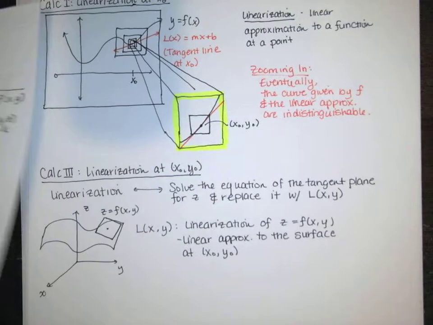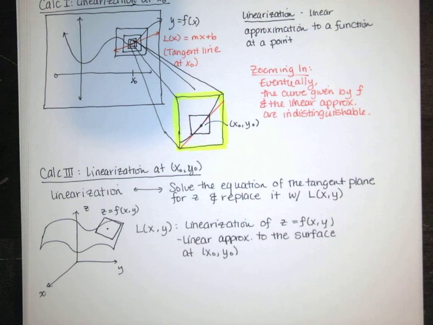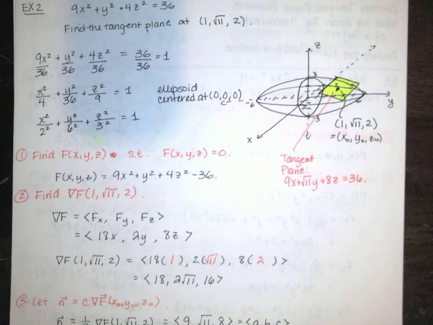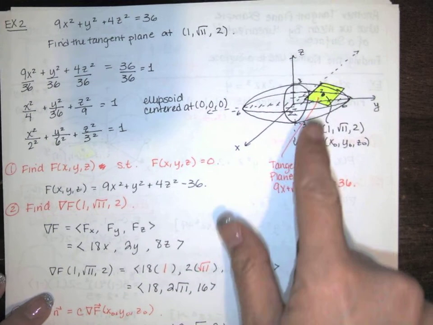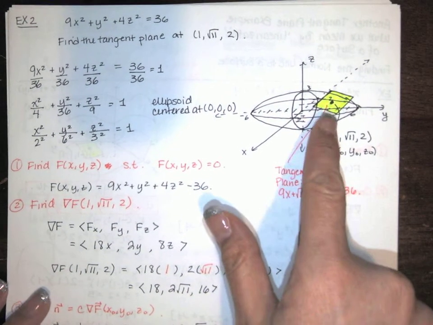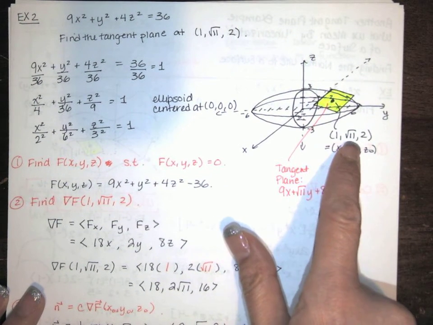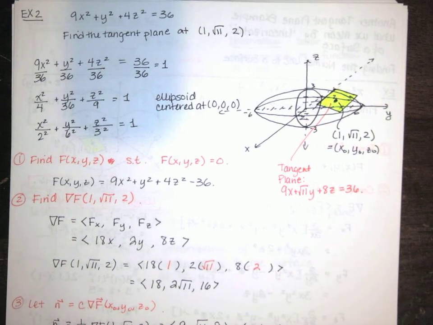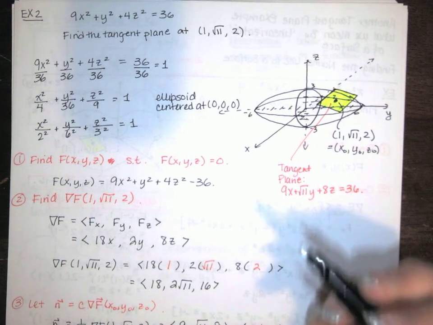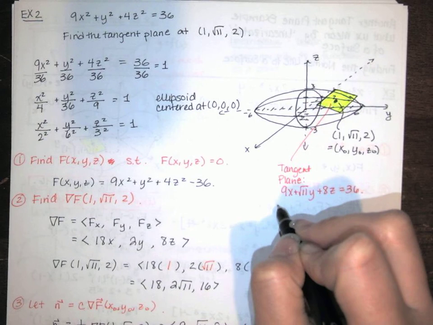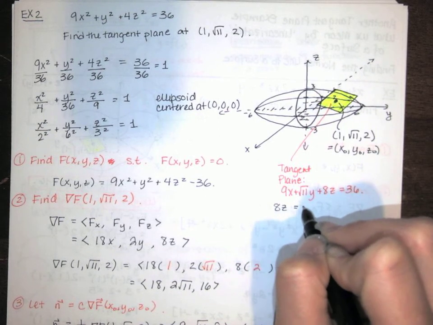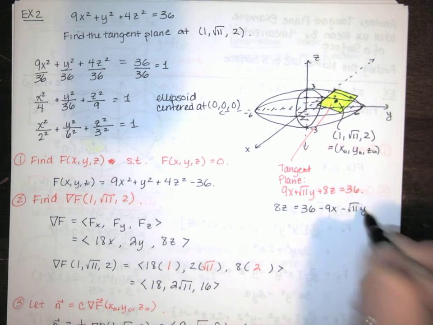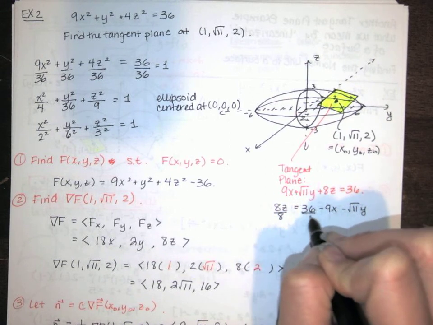Now earlier, in a different video, we came up with this surface. We had an ellipsoid, and at the point 1, square root of 11, 2, we found this tangent plane. Well, what's the linearization there? First let's solve for z. So we'll subtract 9x and subtract square root of 11 y from both sides, divide by 8.